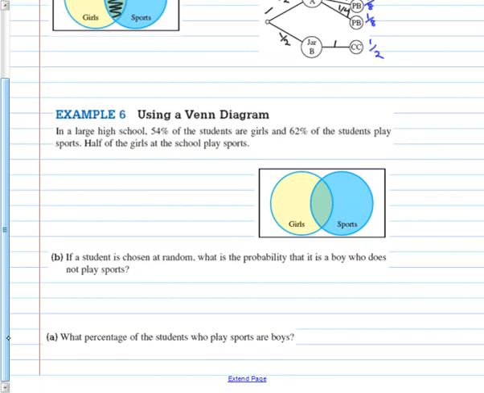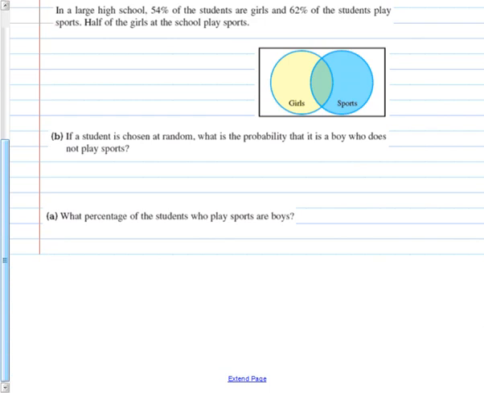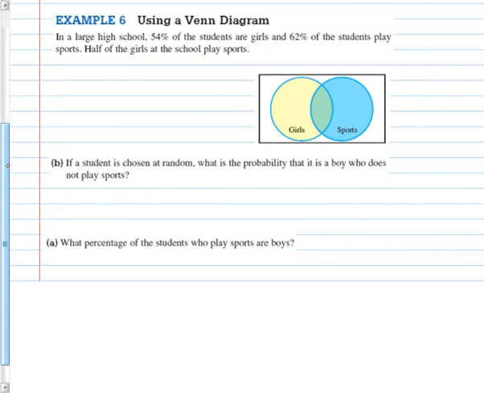All right, let's try a Venn diagram one down here with some values. In a large high school, 54% of the students are girls. So girls, that's my yellow. 54% are girls. 62% of the students play sports. So everybody who plays sports is here, my blue is 62%.